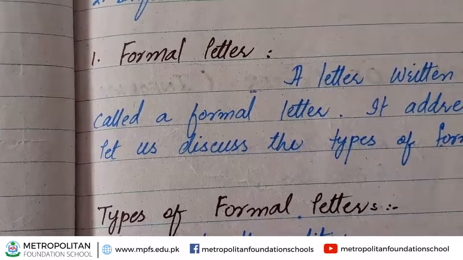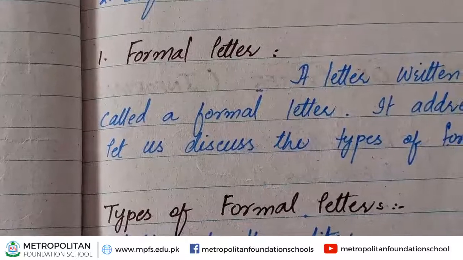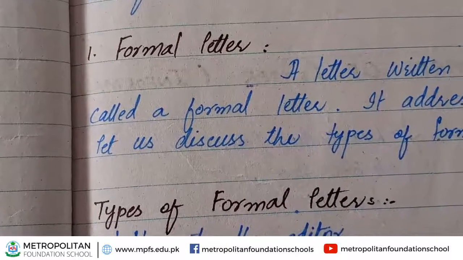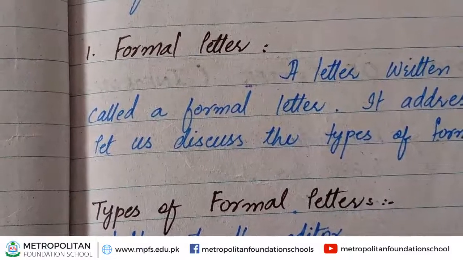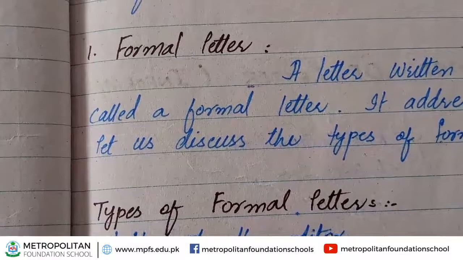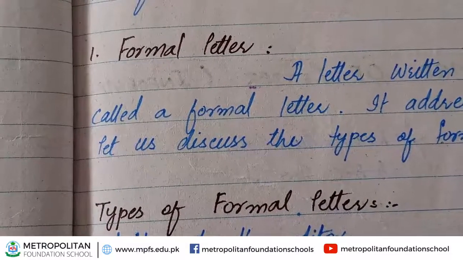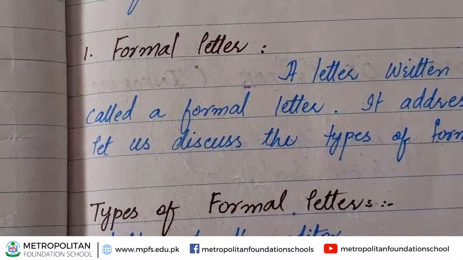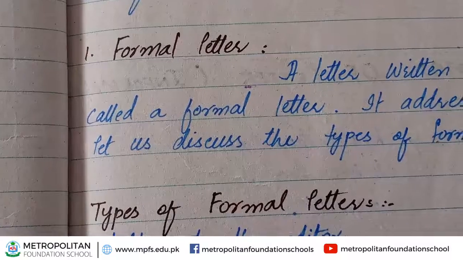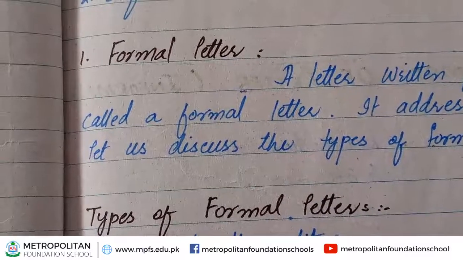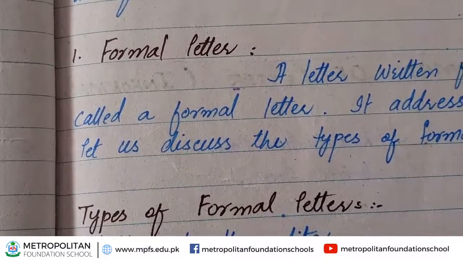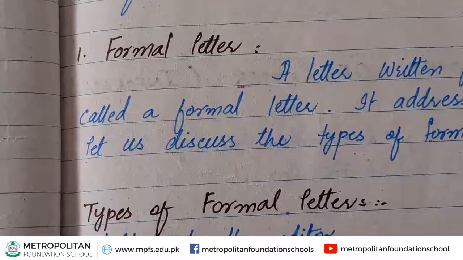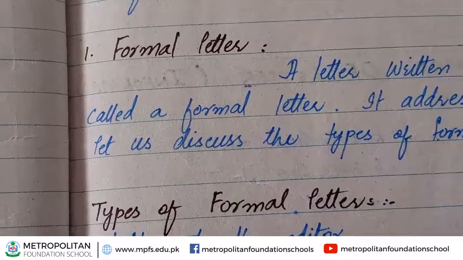If you are enclosing something with your letter, you may indicate this by writing the abbreviation ENCL, that means enclosure. ENCL is used for the word enclosure, right? Below the signature, if you are enclosing more than one item, then you have to mention the list of items.